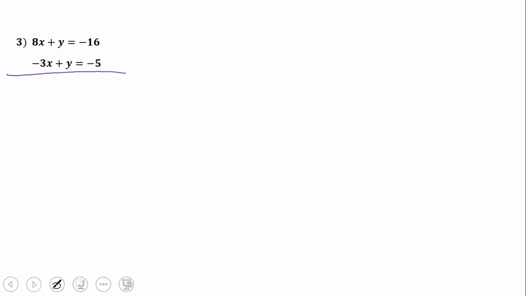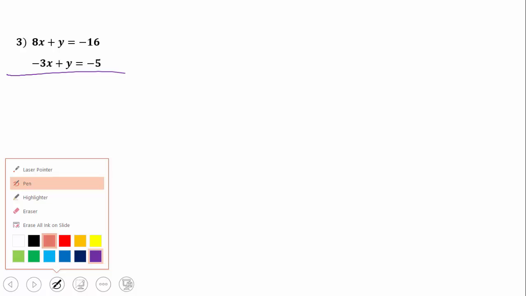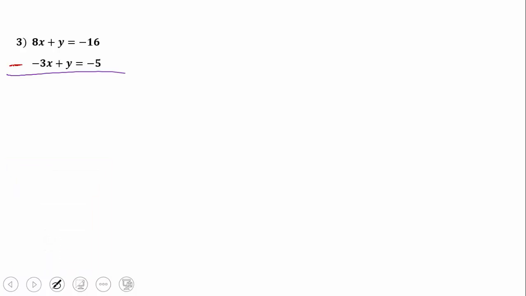So we go back to what we said. If the signs are the same, we have to subtract. So I'm actually going to subtract these equations. When I subtract the equations, I have to follow the subtraction rules of same, change, change. Meaning, the first equation stays the same: 8x plus y equals negative 16.